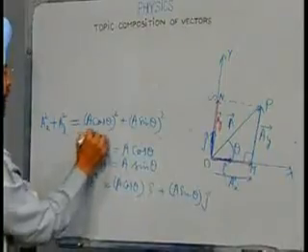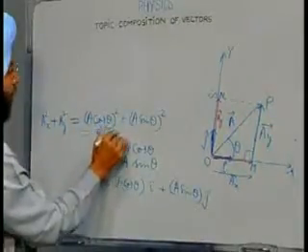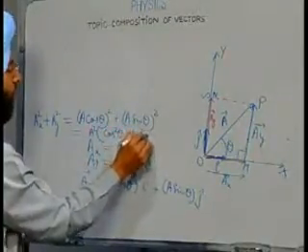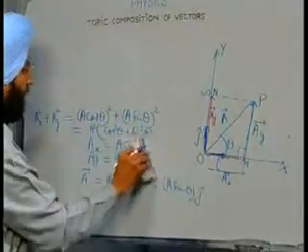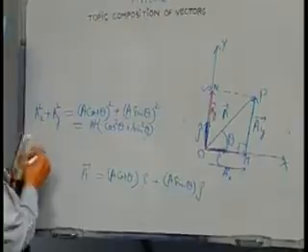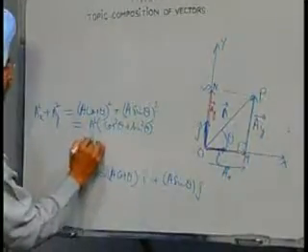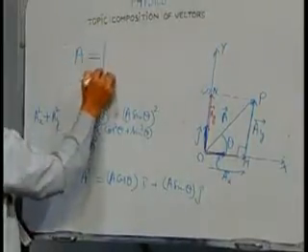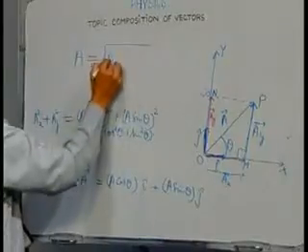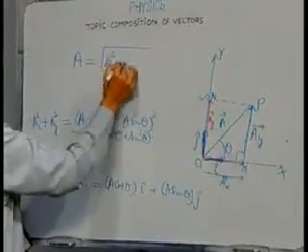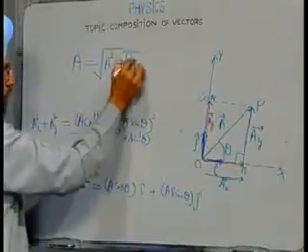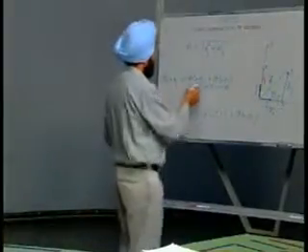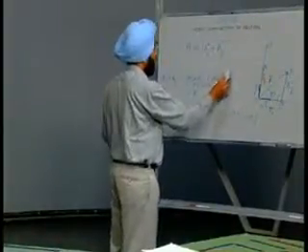So, this is A square times cos square theta plus sin square theta. Cos square theta plus sin square theta is equal to 1. So, we can write magnitude of A is equal to square root of the sum of squares of the components AX and AY. So, if we know any of the three, we can find the other one.